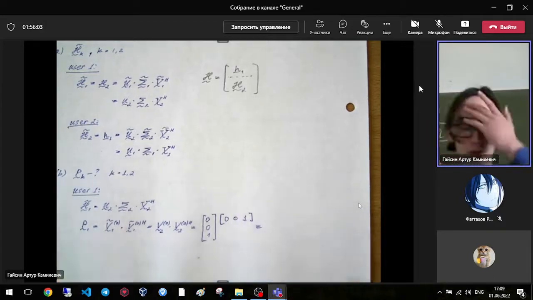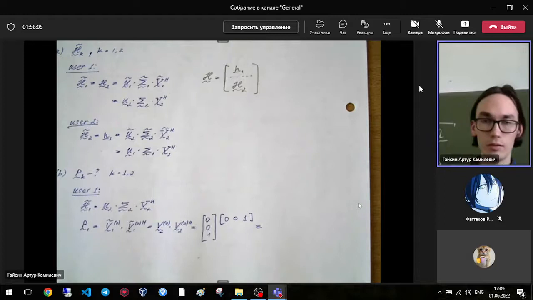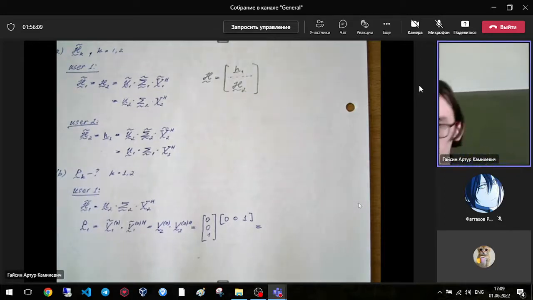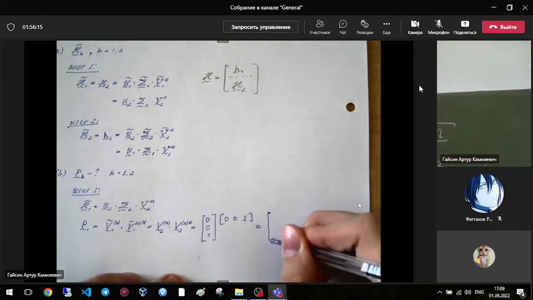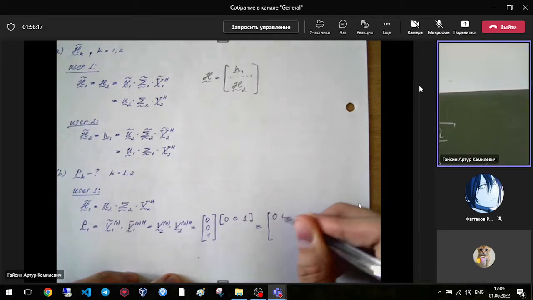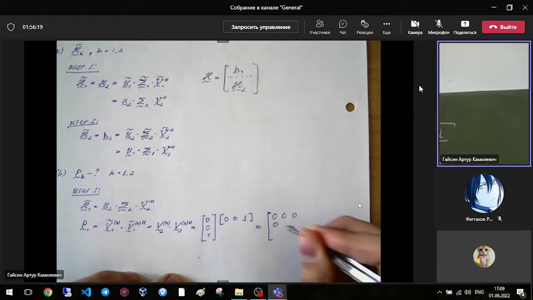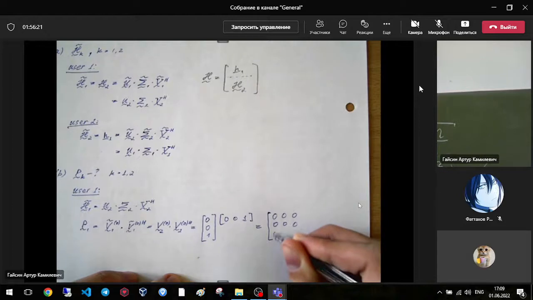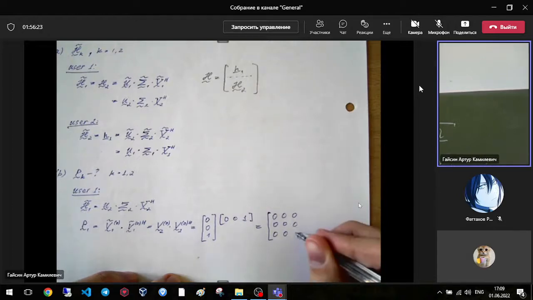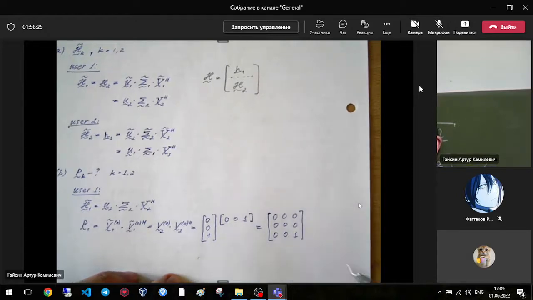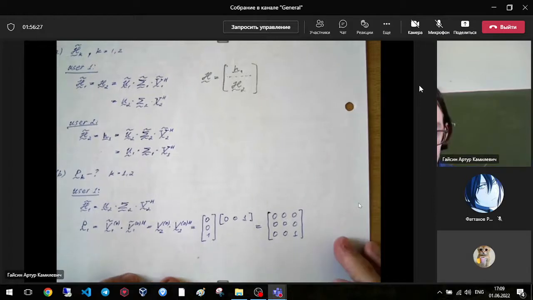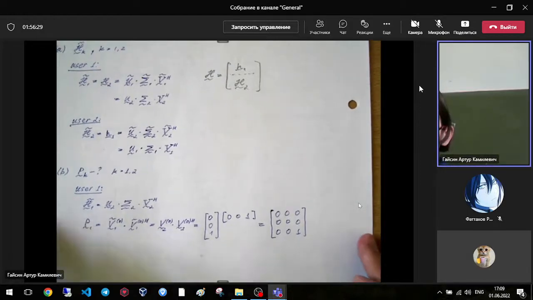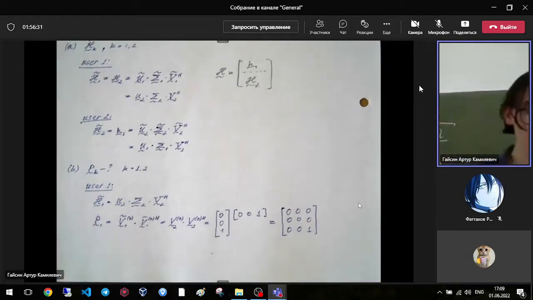So it is matrix multiplication, and we will have a matrix of size 3 by 3. And all values are equal to 0, but the last one here is equal to 1. And this one is the projection matrix for user 1.